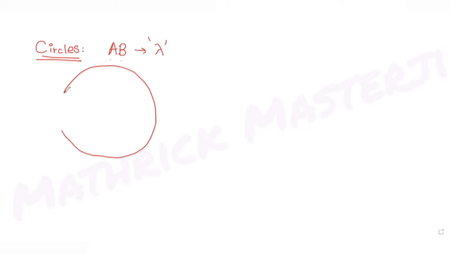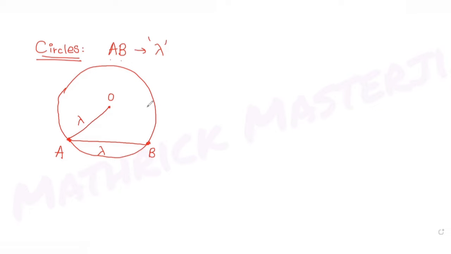So there is a circle given to us, and they remain on the periphery, meaning the circumference. So these are points A and B. The length of this is given to us as lambda, and the radius of the circle is also lambda. So let's say this is point O, this length is also lambda. So the radius of the circle is lambda.